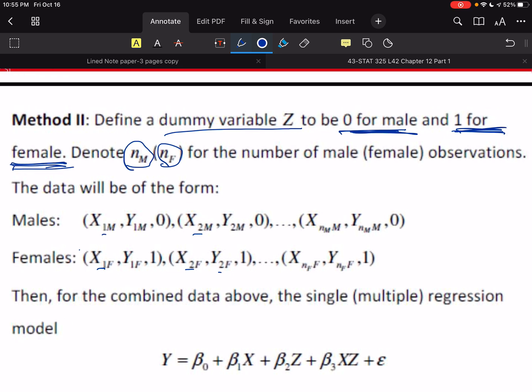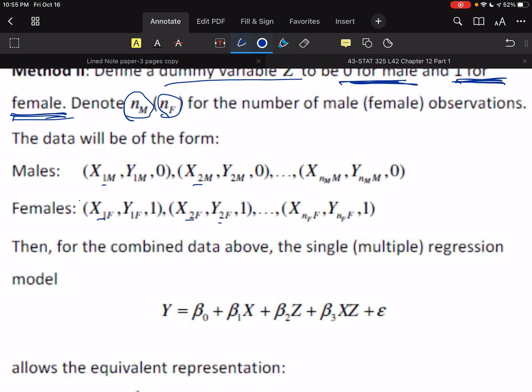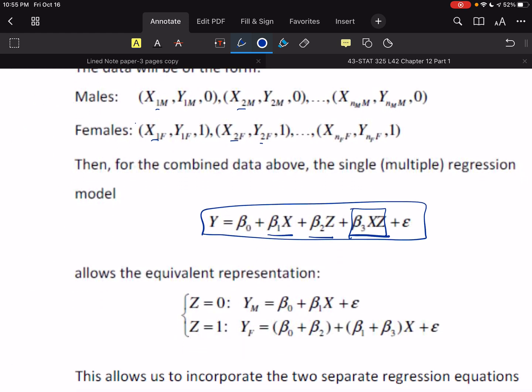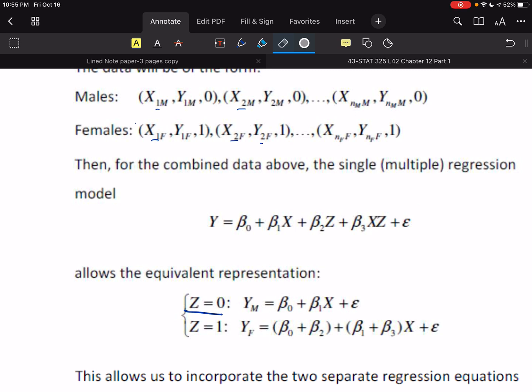Okay. So the combined data with a single multiple regression model would look like this. You'll notice that we have beta naught, beta 1x, beta 2z, and then beta 3 x times z. So this is the interaction term. When we have z equals 0, any term that has z in it disappears, and we're left with just beta naught plus beta 1x plus epsilon.